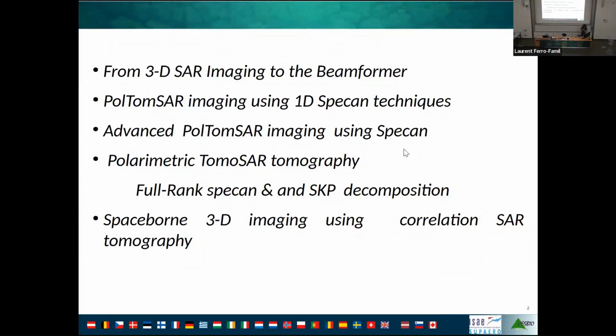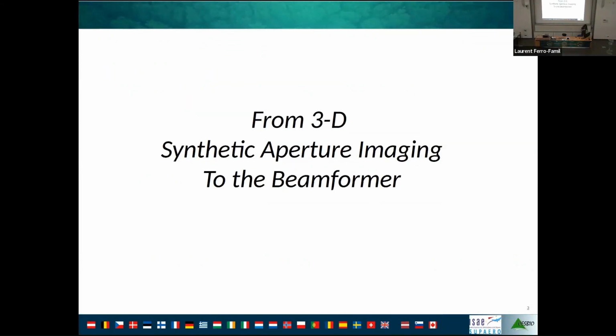Okay, so this is the content. We will start from 3D synthetic aperture radar imaging to the beamformer. Beamformer is a technique to compute tomograms from SAR images, and it comes from a long time ago from antenna array processing, which is in fact the main technique that we use to build tomograms, array synthesis, whose basics go back to the 80s.